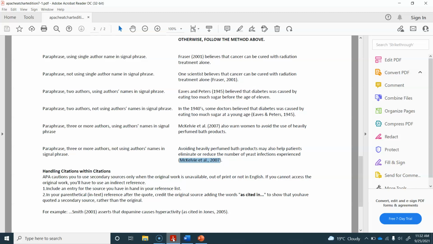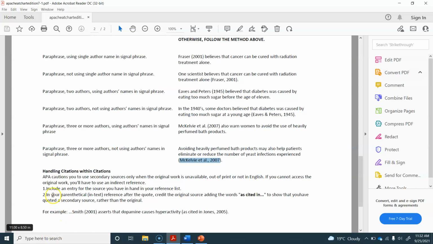This gets a little more complicated. The APA manual says that you should try where possible to get the original work and look at the original work. But if you can't get it, you're going to use what they call an indirect in-text reference, or an indirect in-text citation.